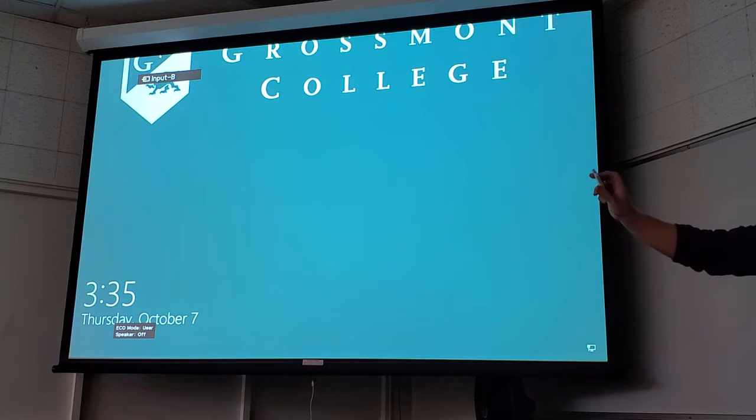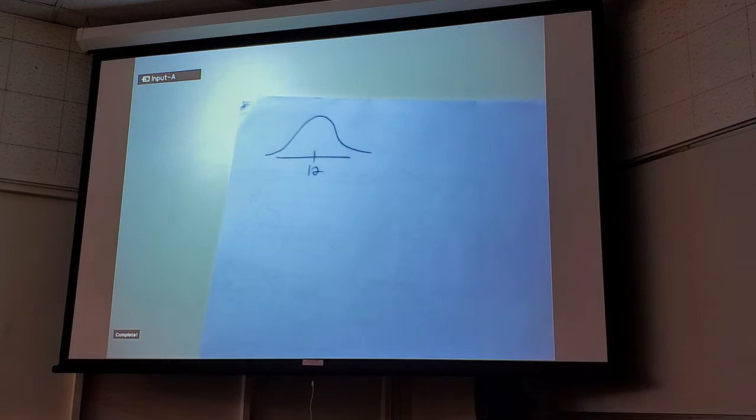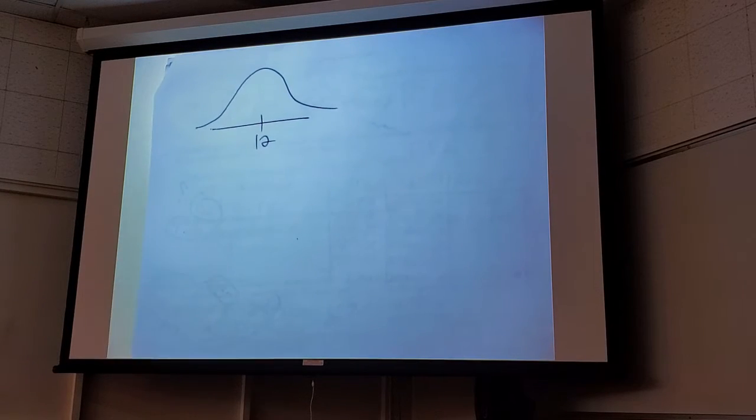That is a super zoomed in normal curve. All right, so here's a normal curve, mean of 12, yes? When is the middle 0? When's a really good time that the middle might be 0?